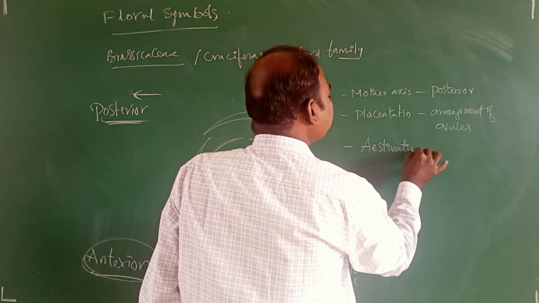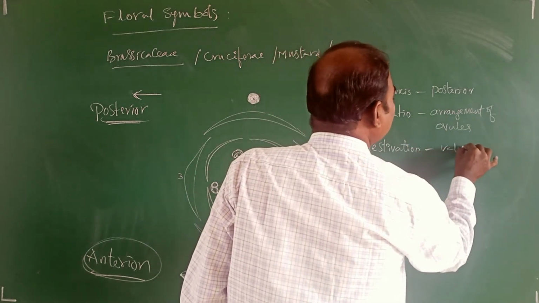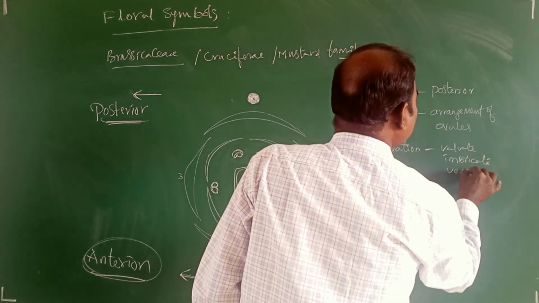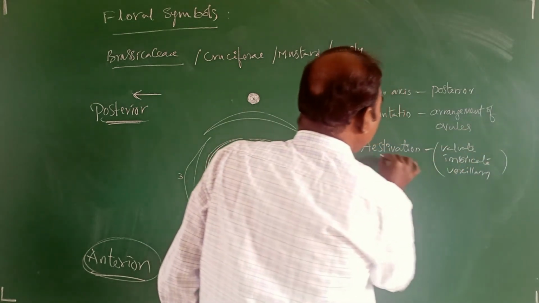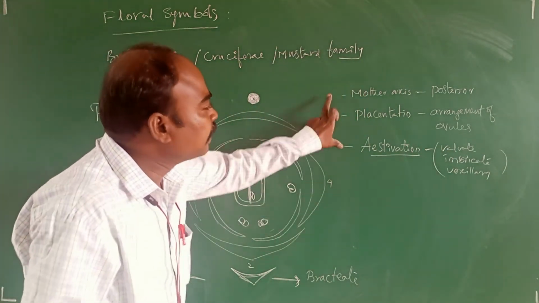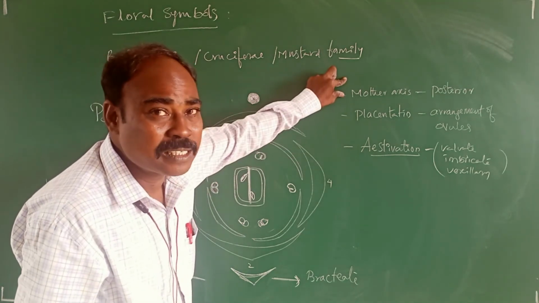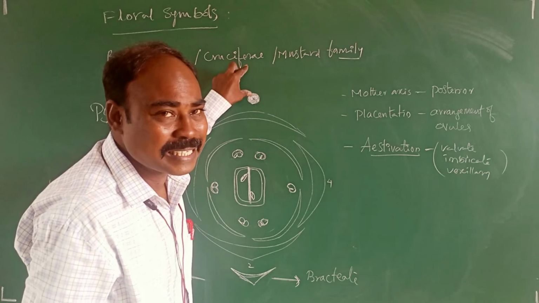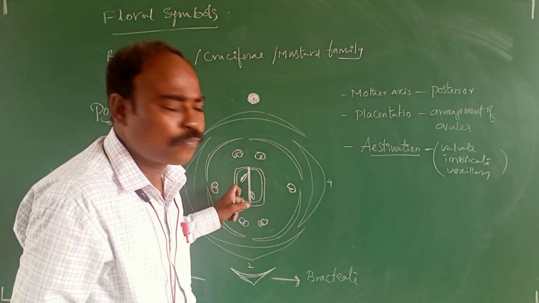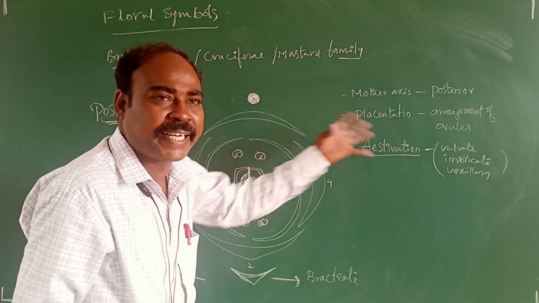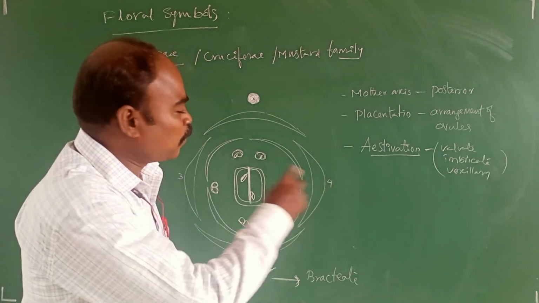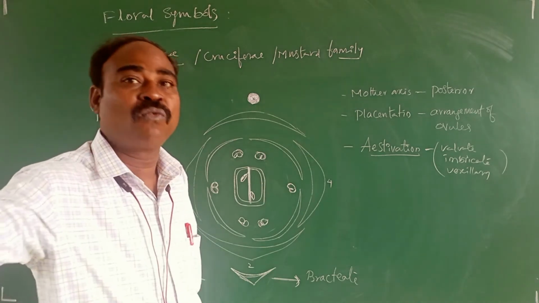Aestivation, valvate or imbricate or vexillary, that is overlapping, is also indicated through the diagram. These three characters: presence of the mother axis with anterior and posterior sides, placentation of ovules, and aestivation, whether it is valvate or imbricate, are explained through the diagram but not through the formula.